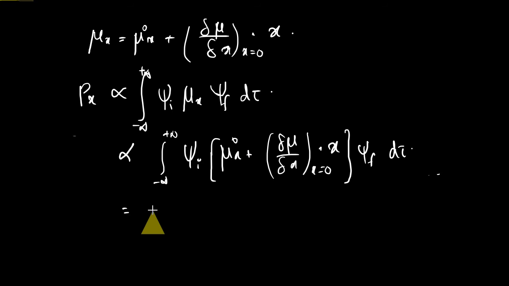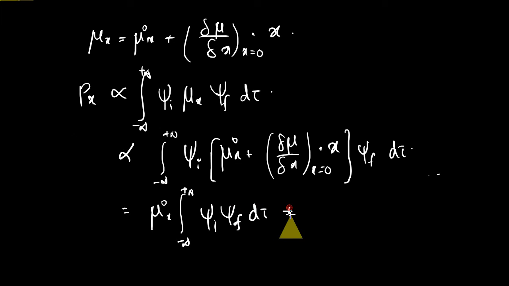So let me write it like mu 0 x, that is a constant, times the integral from minus infinity to plus infinity of psi I psi f d tau, plus, now what is next? Dou mu by dou x at x is equal to 0. It means the change in the dipole moment at the equilibrium position.